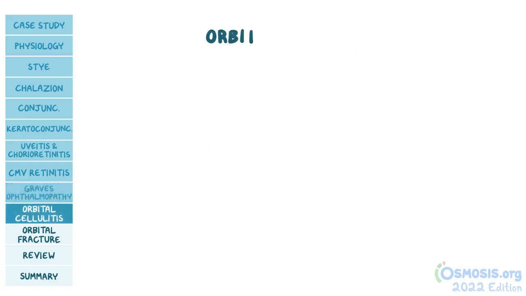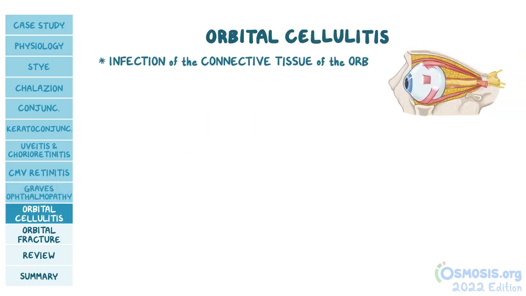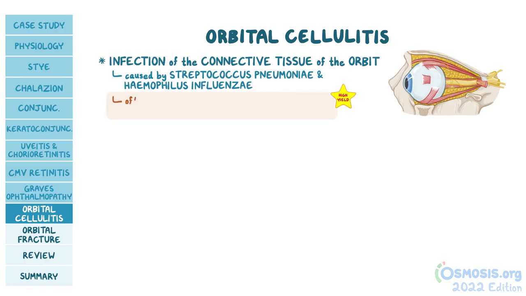Then there's orbital cellulitis, which is an infection of the connective tissue of the orbit, mostly the fat and ocular muscles, and it's usually caused by Streptococcus pneumoniae and Haemophilus influenzae. For your exams, bear in mind that it's often secondary to sinusitis, particularly ethmoiditis in young children.